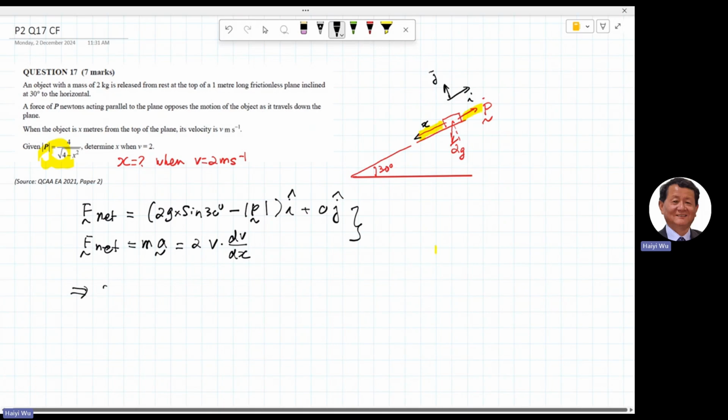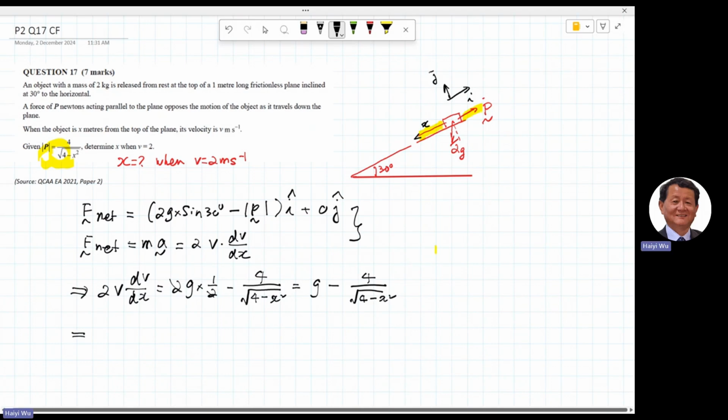So 2v dv/dx must equal 2g times sine 30 degrees, which is a half, take away the magnitude of P, which is 4 divided by the square root of 4 minus x squared. We cancel the 2, so it would be g minus 4 over the square root of 4 minus x squared.